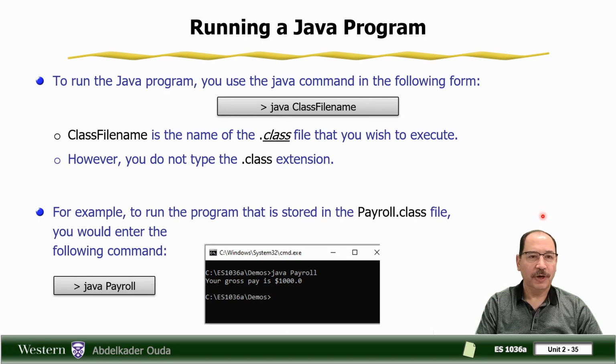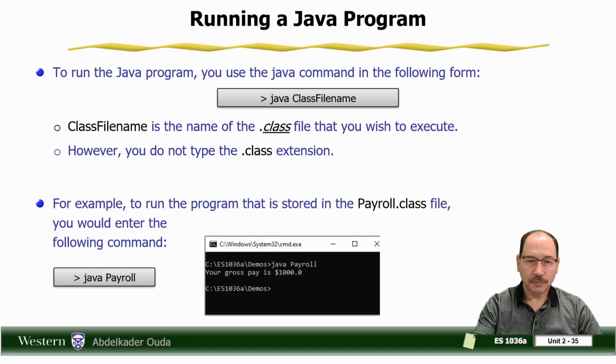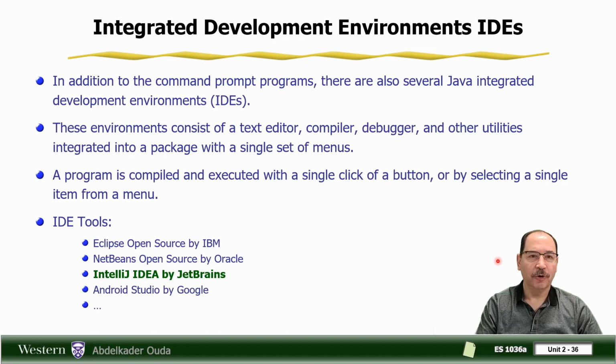Although I show you here this way to compile and run Java applications, we are not going to use this throughout the course. We are going to use what we call an integrated development environment, or IDE. This environment consists of text editors, compiler, debugger, and other utilities integrated into just one package or one application.